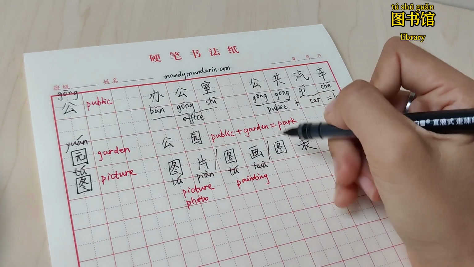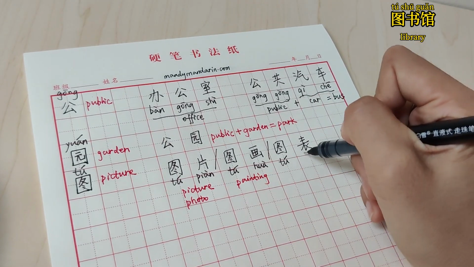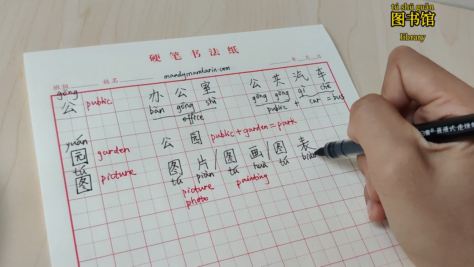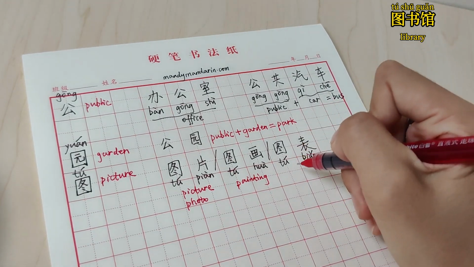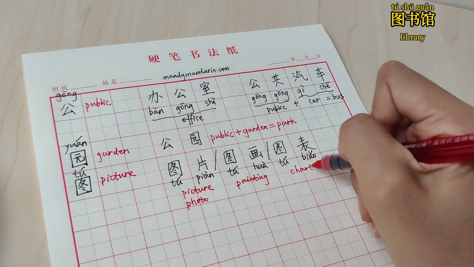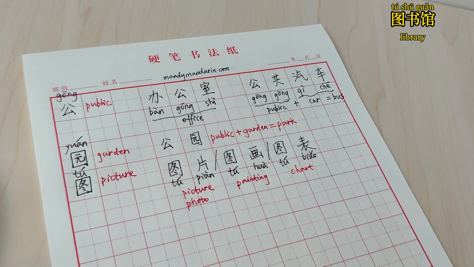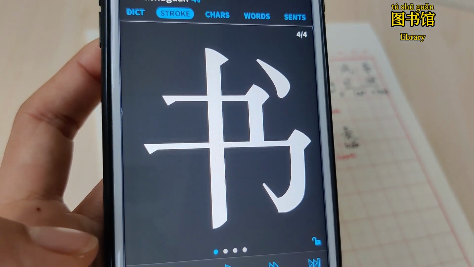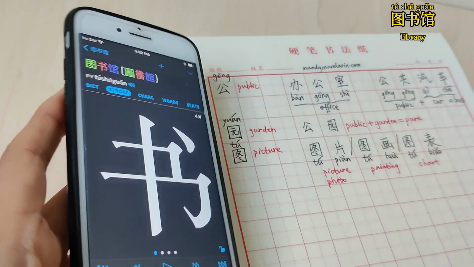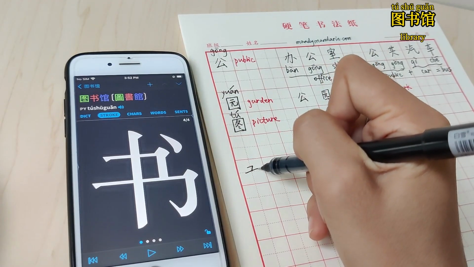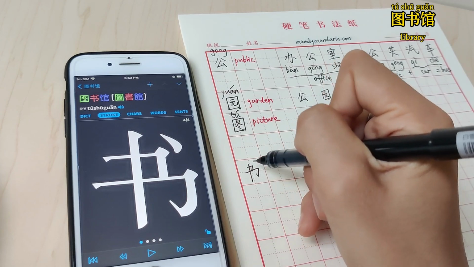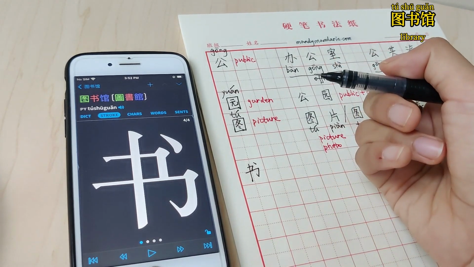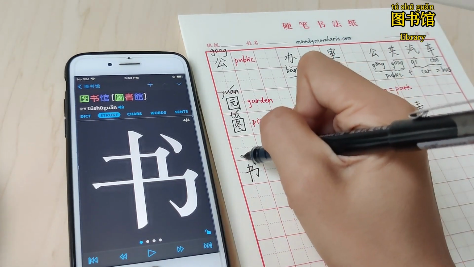And the next one, 图表, which means chart. Okay, let's go back to the word library, 图书馆. The second word is 书. This is how we write it. 1, 2, 3, 4. 书.